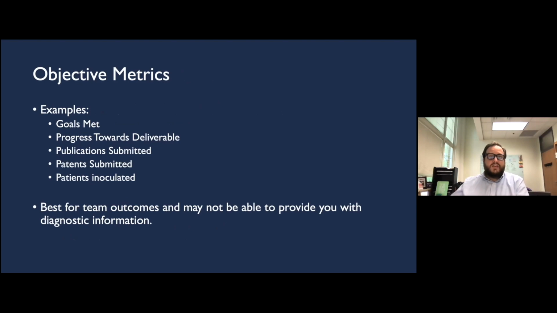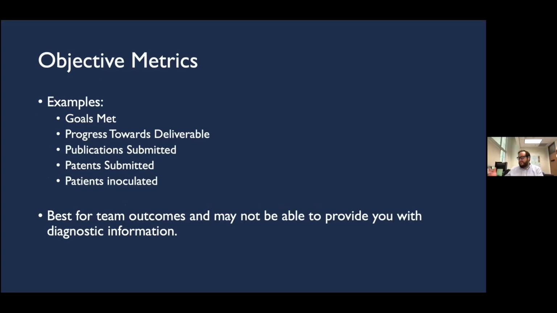But they're mostly good for outcomes, and they may not be able to provide you with diagnostic information about what needs to be improved in terms of team dynamics. You may look at your outcomes and you can see that one team's performing well and another team's performing poorly, but you don't know why. And that's what the team dynamics measures get at.